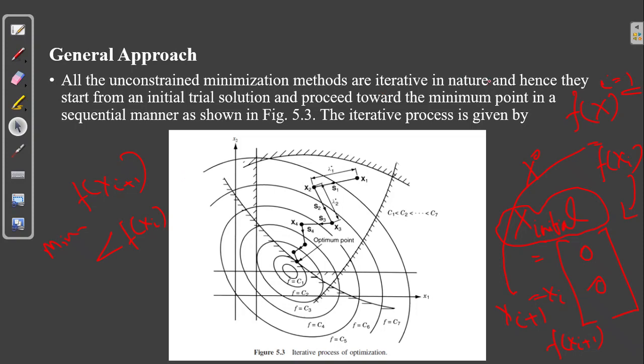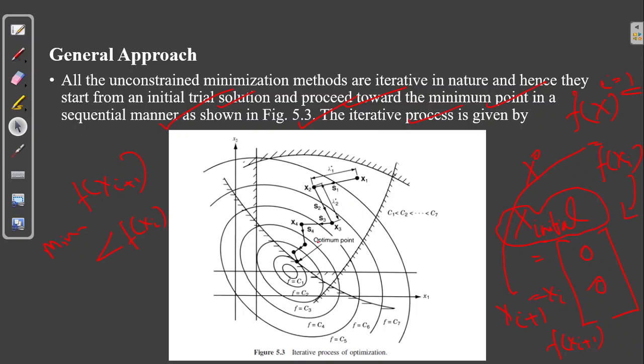So all the unconstrained minimization methods are iterative in nature, and hence they start from an initial trial solution, x initial, and proceed toward the minimum point in a sequential manner as shown in figure 5.3.